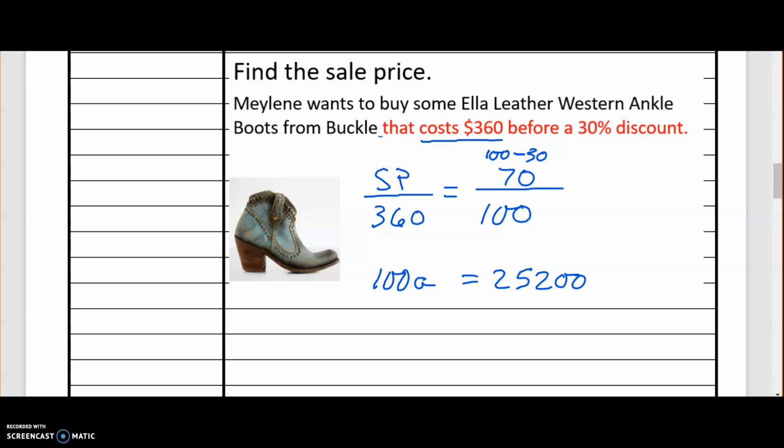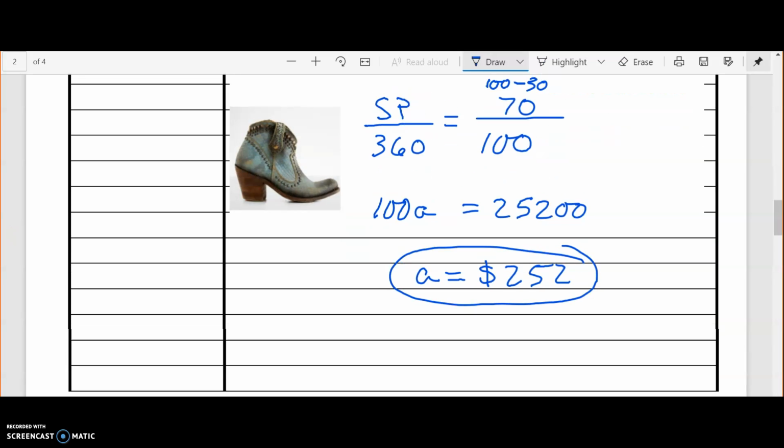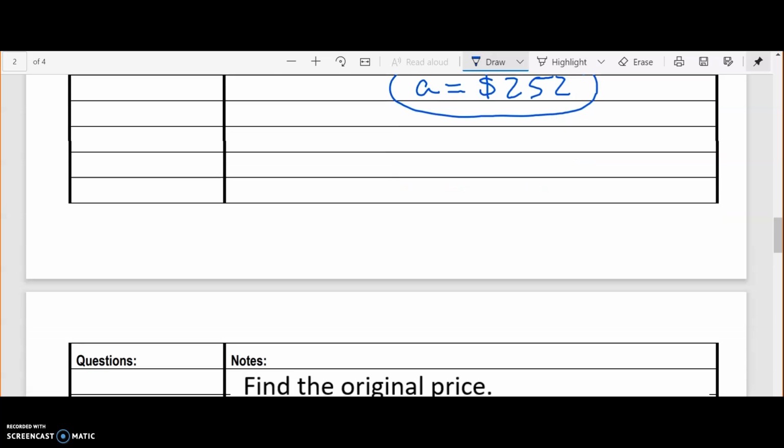So then we divide by 100, and let's see how much those boots. So those boots are still going to cost $252. That's crazy. But hey, Maylin wanted those boots, so I guess Maylin's going to get those boots. She saved her money up, $252. All right, let's look at the next page.